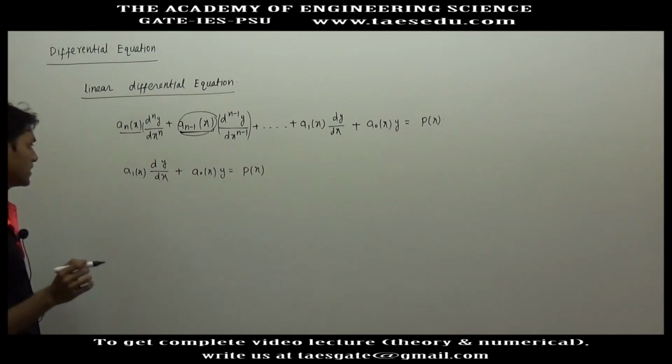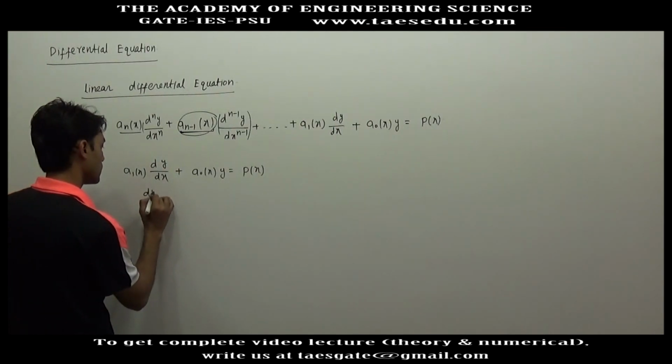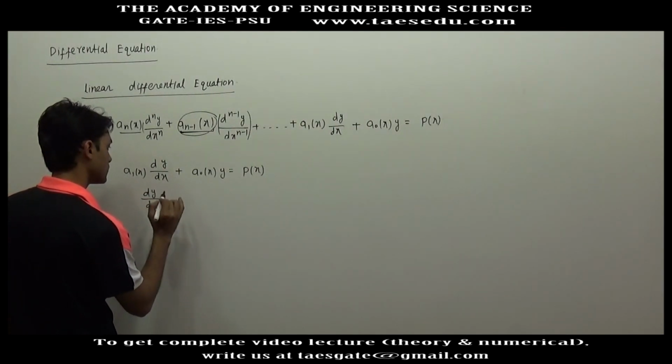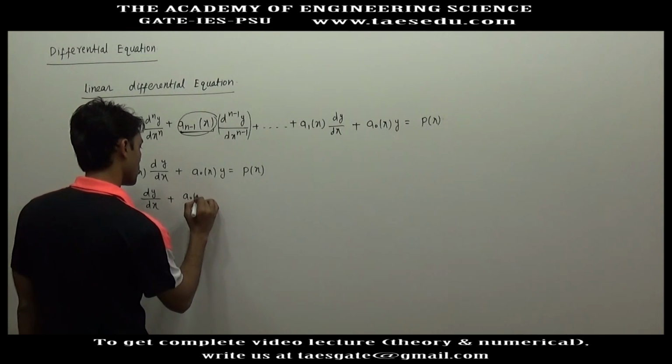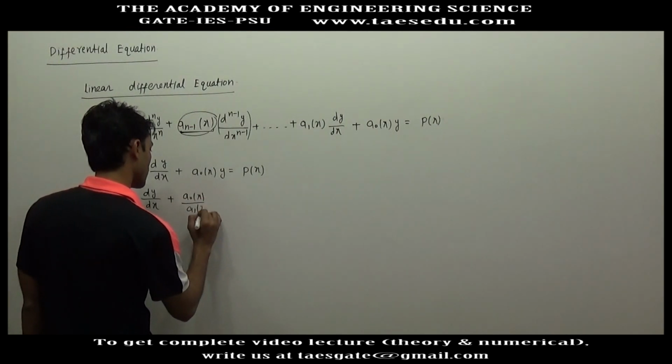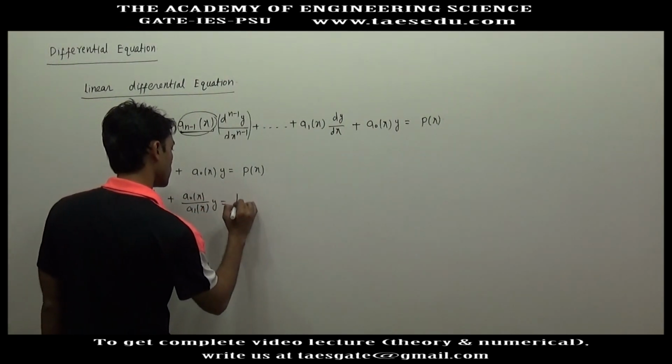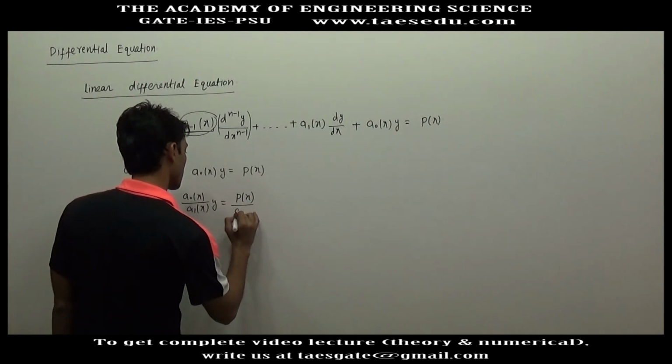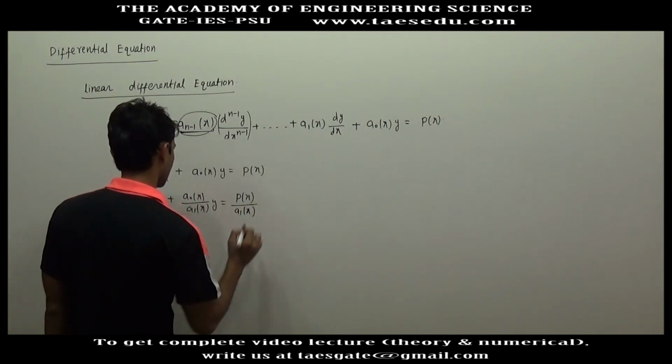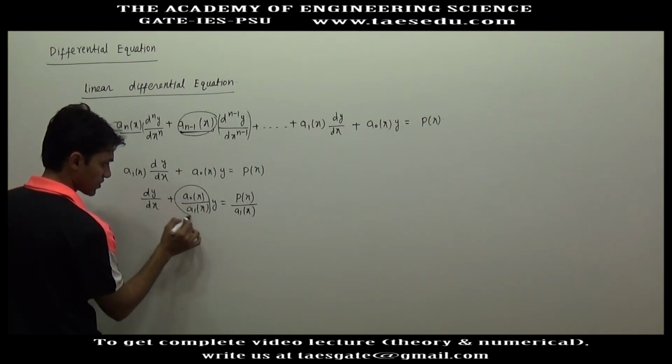If we divide it by a1(x), what we will have? dy by dx plus a0(x) by a1(x) into y is equal to p(x) divided by a1(x). So this will again be a function of x.